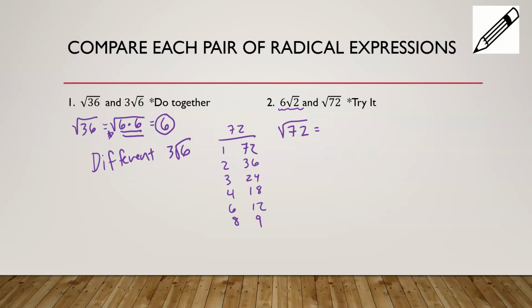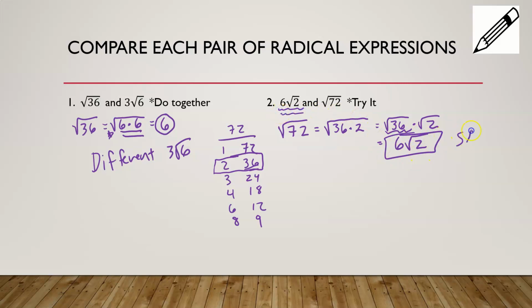Having said that, I would have stopped right here because I see the 36, and I know the 36 is a perfect square. So I rewrote this as the square root of 36 times 2, which means I can rewrite it as the square root of 36 times the square root of 2. And I know the square root of 36 is 6. So this is 6 root 2. They wanted me to compare it to 6 root 2, so these ones are the same.